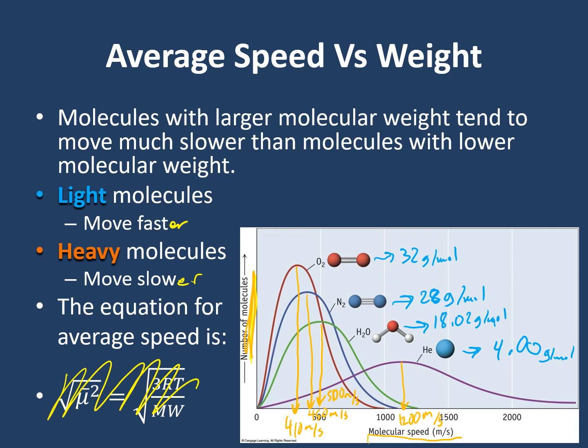So if you look at these, as you can see, the lightest molar mass gas particle, helium, has leaps and bounds a larger average speed than the others. And as we go from high molar mass to lower molar mass, we see the speed increase. All right, and so this is a trend you should be aware of.